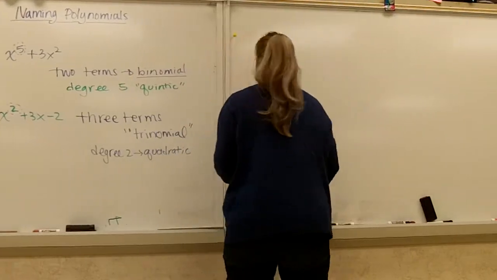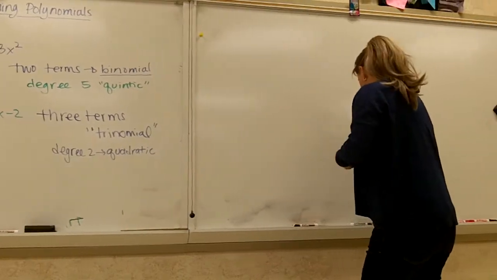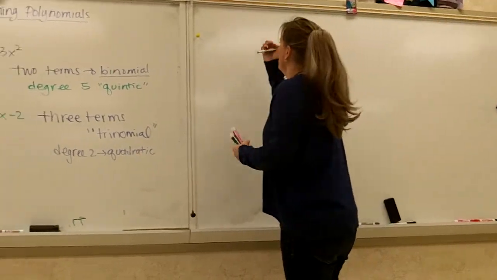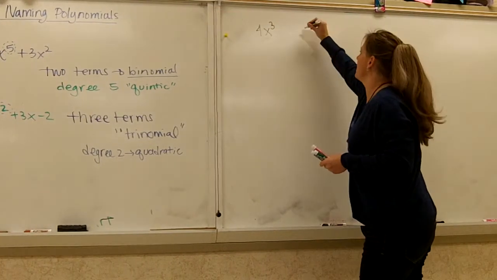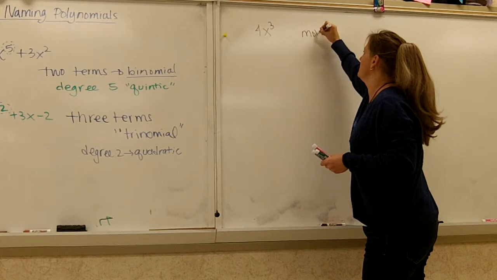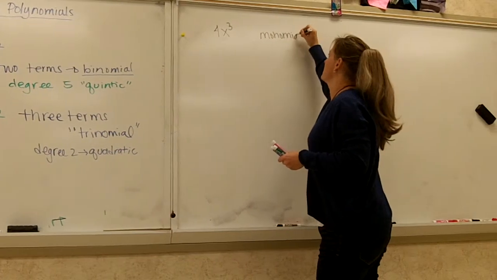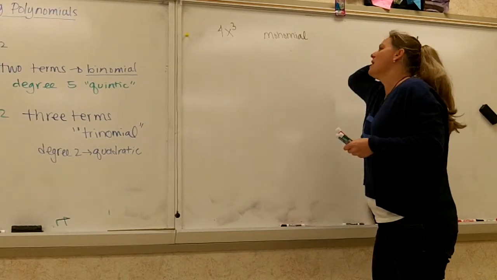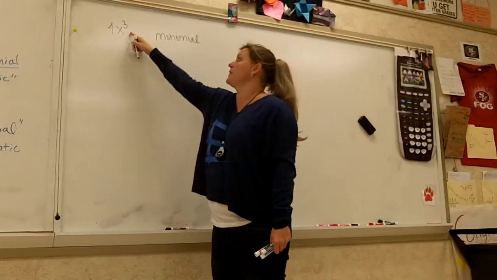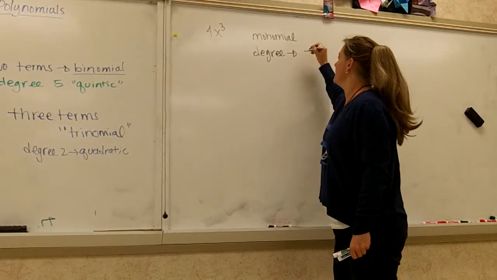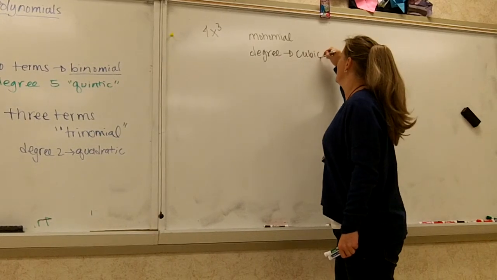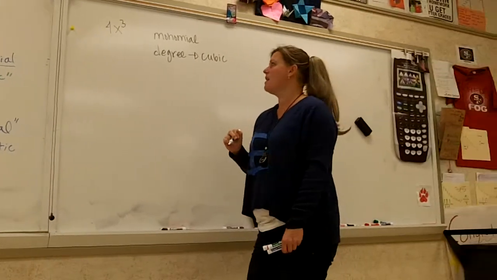1 term, let's say I have 4x cubed. So 1 term, we call that a monomial, because mono means 1. And then the degree is 3, and that degree means that it is cubic. Okay?